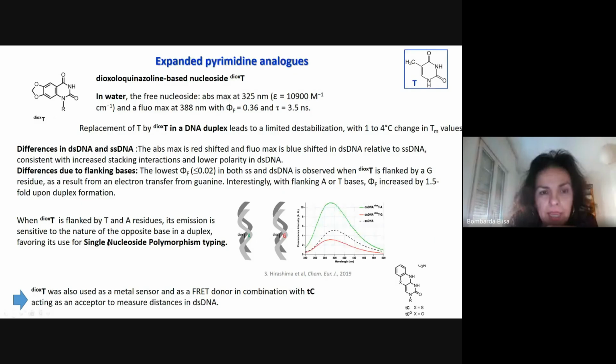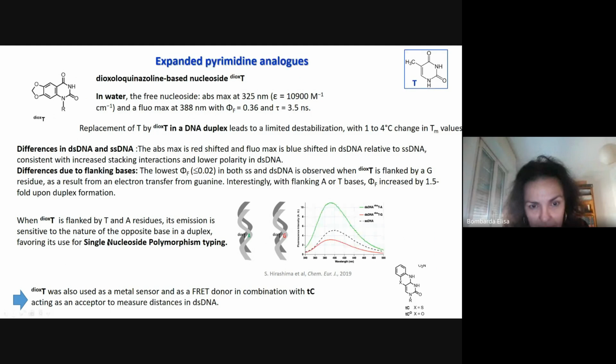Anyway, since it depends on the flanking bases, you can also have some information about the sequence. For example, when this particular probe is flanked by thymine and A residues, its emission is sensitive to the nature of the opposite base in the duplex.